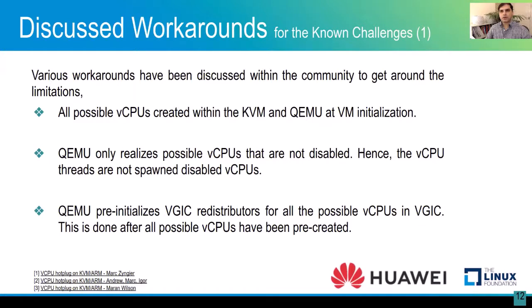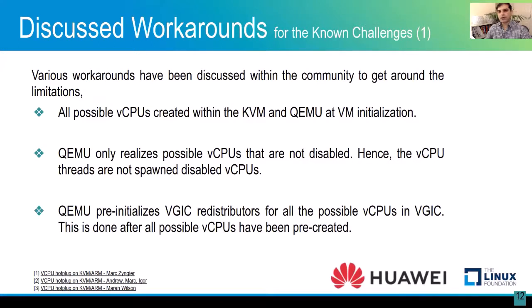So there have been certain workarounds discussed for the challenges we just discussed. Various workarounds which have been discussed within the community across the years are something like: all possible vCPUs are created within KVM and QEMU at the VM initialization. So it's kind of pre-creation of all of the vCPUs. But QEMU only realizes possible vCPUs that are not disabled.